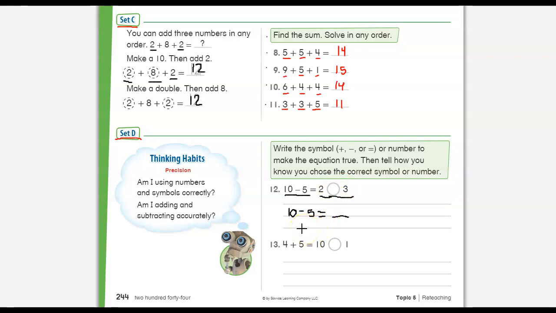So first you would solve 10 minus 5, get your answer, and then see what symbol you would need to add in the middle to get the same answer. And again, you can show your work down in the bottom. So we're choosing the symbol that would go in this blank. Would it be a plus sign, a minus sign, or an equal sign?